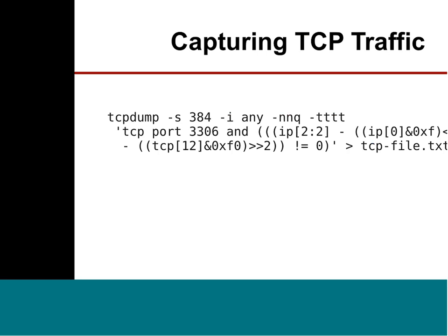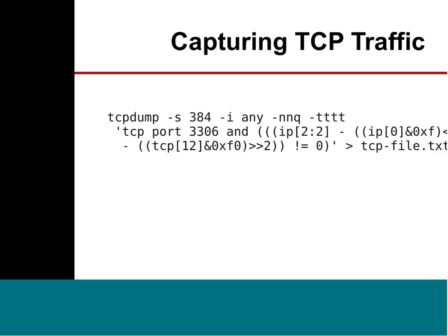For example, on Solaris there's snoop, and on FreeBSD, tcpdump might have slightly different command line arguments and so forth. What I'm showing you here is from Linux, but it's pretty much equivalent to anything you can run on most Unix-like systems. The first option here is tcpdump -s 384. That means that I'm going to capture the first 384 bytes of each TCP/IP packet that flows through the system I'm watching.